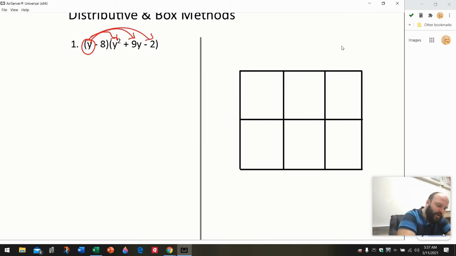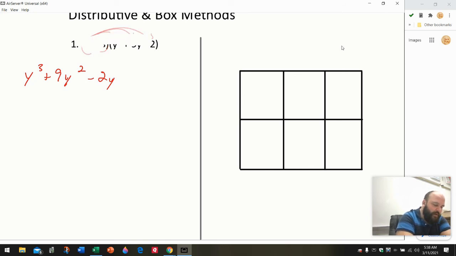So y times y squared is y to the third. Y times 9y is 9y squared. And then y times negative 2 is negative 2y. Following distributing the y, we will now distribute the negative 8.